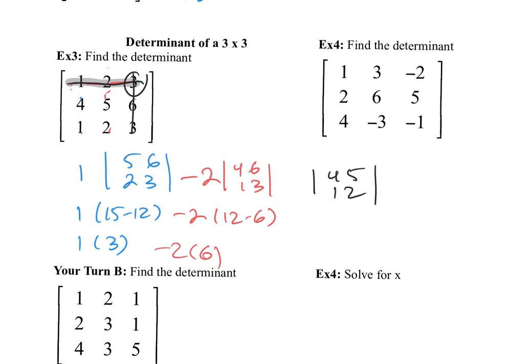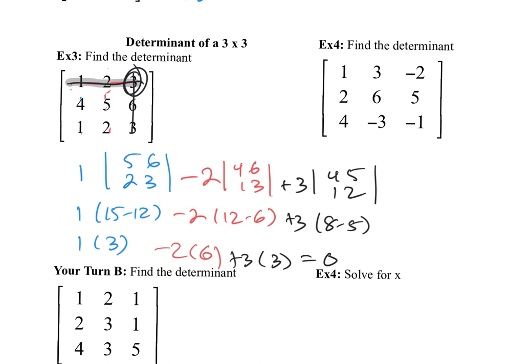And then again, that number where they intersect, we're going to put on the outside, and this would be a plus. And we're going to cross multiply and subtract. So we have plus 3 times 8 minus 5, which would be plus 3 times 3. And when we simplify the whole thing, we get for our final answer 0. Now again, what this means is that this matrix actually does not have an inverse.